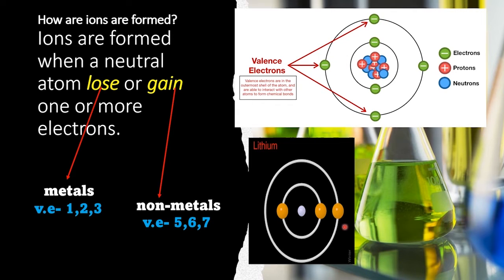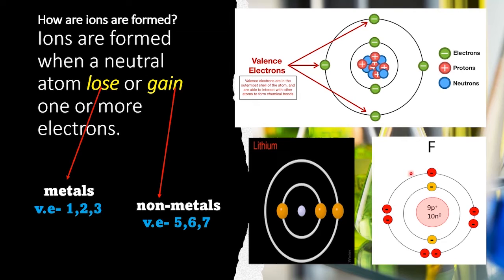In the atomic structure of lithium, it has one valence electron, so it tends to lose an electron. For the fluorine atom, which has 7 valence electrons, it tends to gain electrons. Either losing or gaining of electrons is important to attain stability.